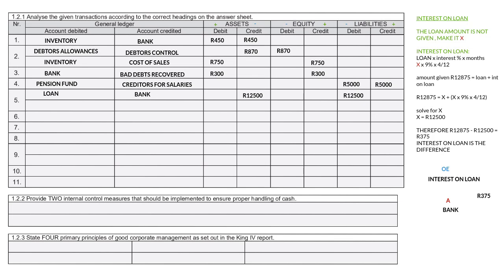So the account to be debited is interest on loan. The account to be credited is bank. 375 Rand on the credit side of assets and 375 Rand on the debit side of equity.